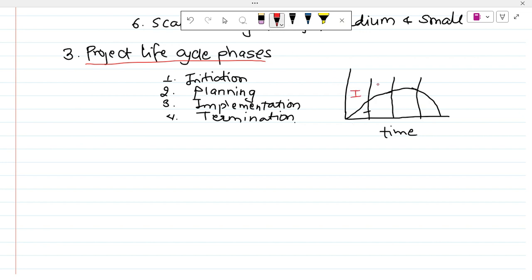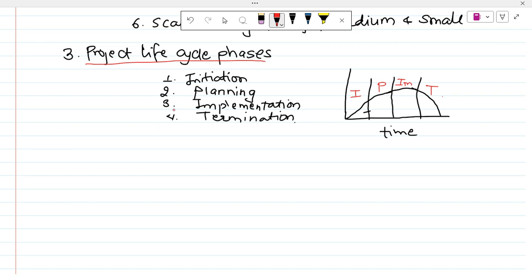So let's describe the project life cycle phases a little bit more.